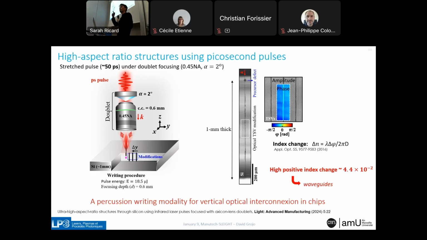So in practice, if you look at diameter compared to depth, the ratio is typically 700 in that experiment. And interestingly, for that experiment, we found that the refractive index is positive. So that gives directly the vision that it is possible to make vertical optical connection inside the silicon chip, which could be an interesting application.